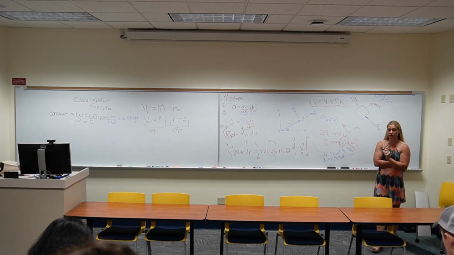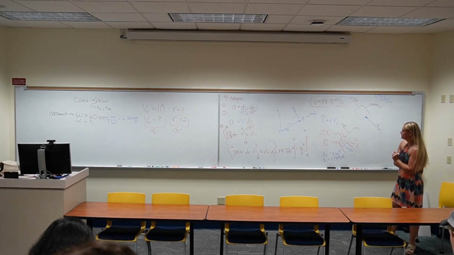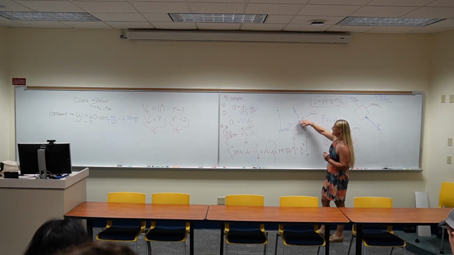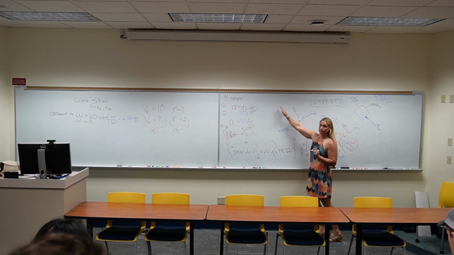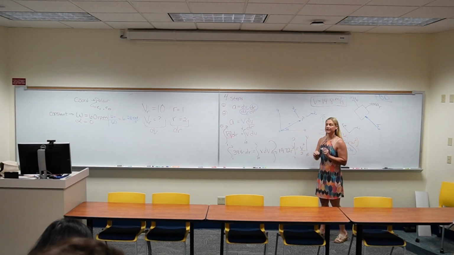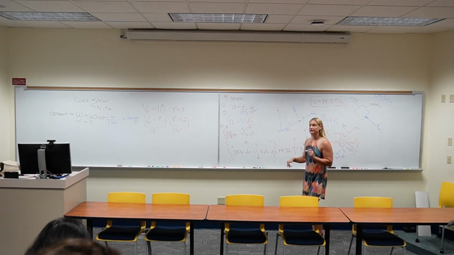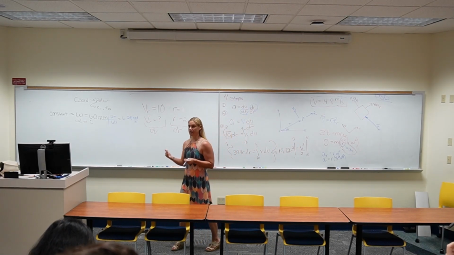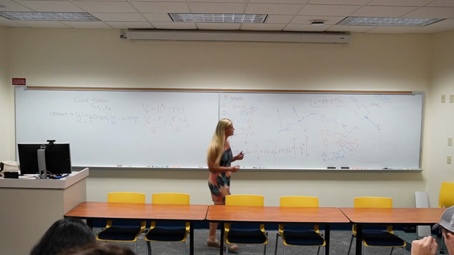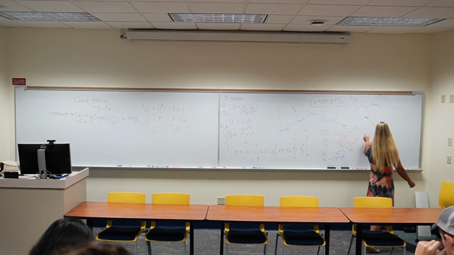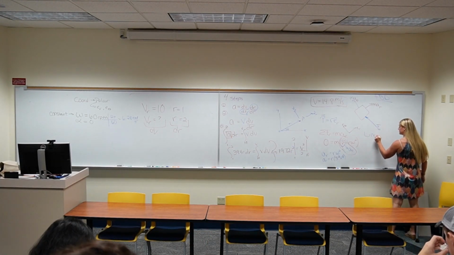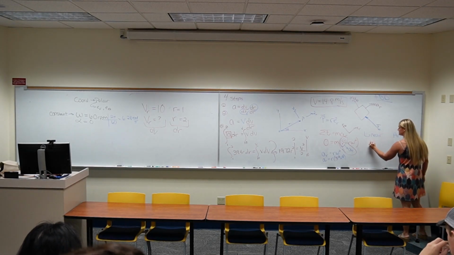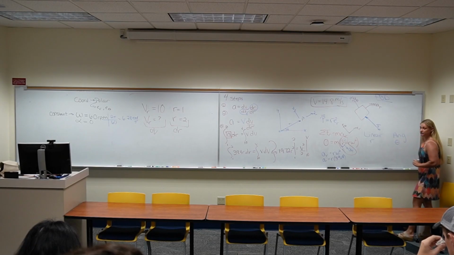That means that motion is occurring in the ER plane, okay? And we also know that it can rotate, right? Do you describe rotation using R or theta? Theta. Okay, so you're telling me that any motion linear is going to be R, and angular is going to be theta.